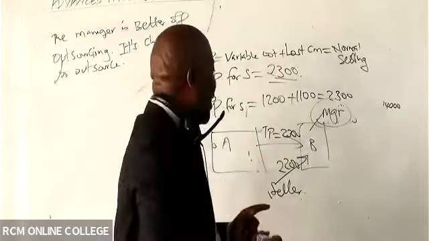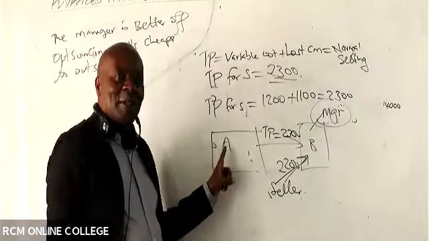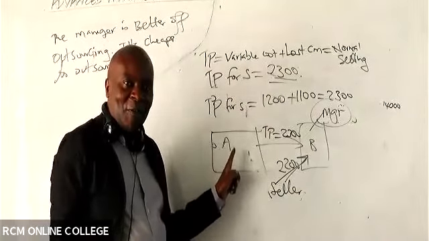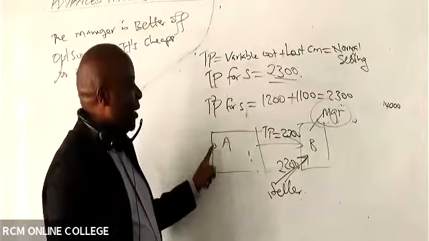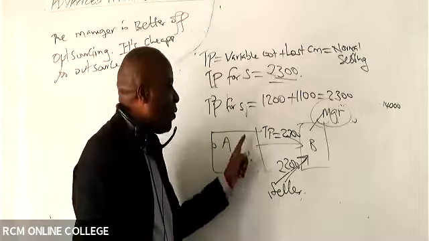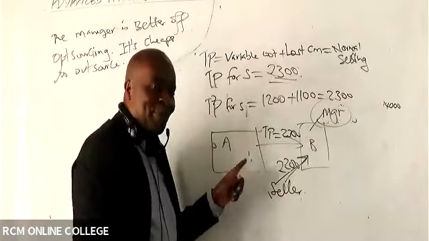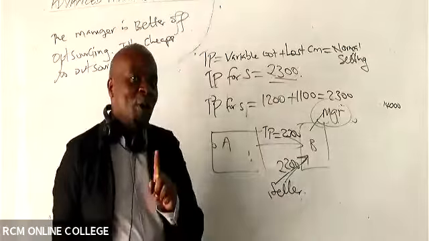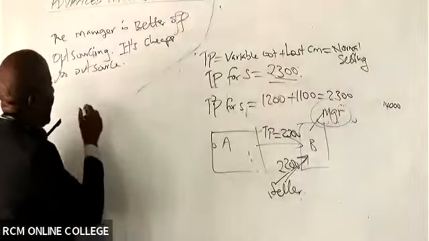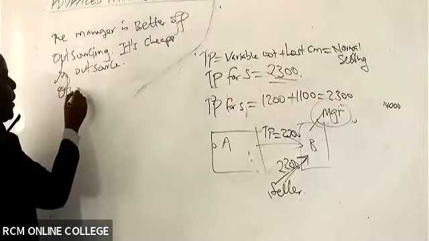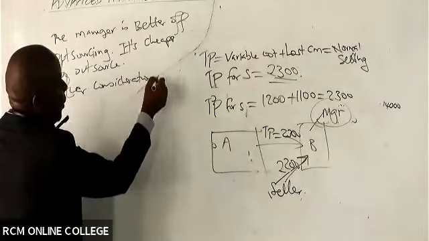But now again, there is another thing that you must bring in as a management accountant. When you tell this guy to outsource, have you considered that there could be a possibility of idleness? Because if we don't give these guys work to produce these things for us, it means that there is a possibility of idle capacity. So you can go ahead and mention other considerations which are really necessary.